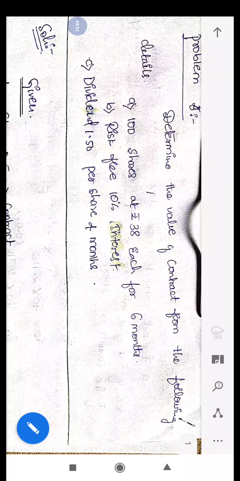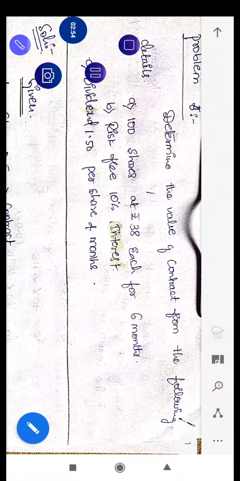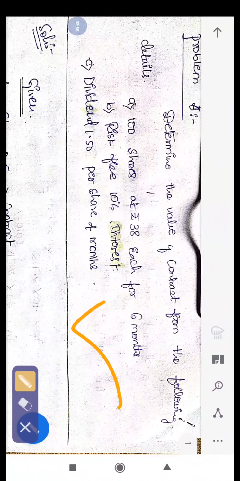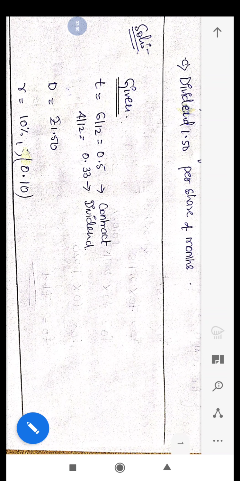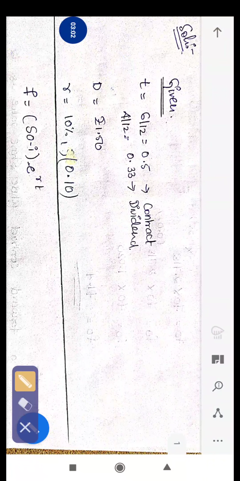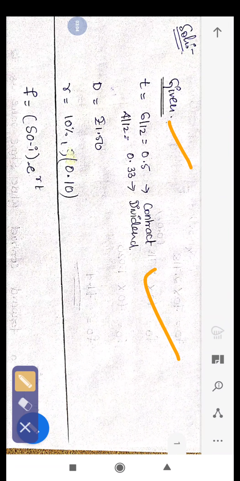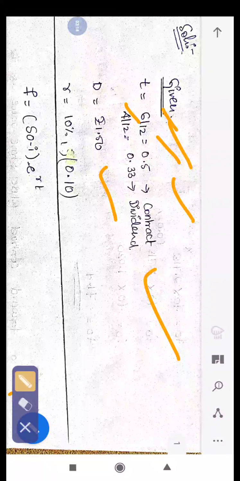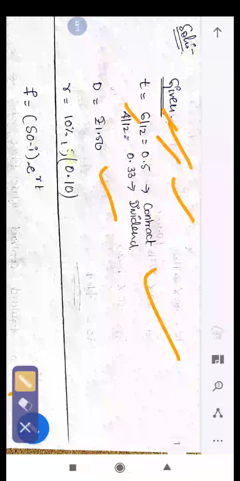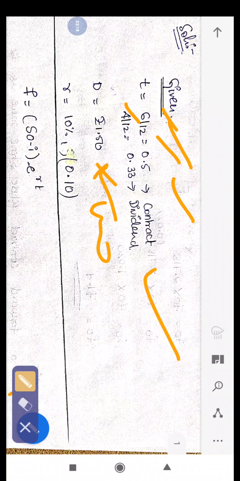Here they have given the value of the dividend. 6 by 12 we have to do, so 6 months by 12 months means 0.5. 4 months for dividend means 0.33, and dividend is 1.50 for one share, so we have to multiply by 100.